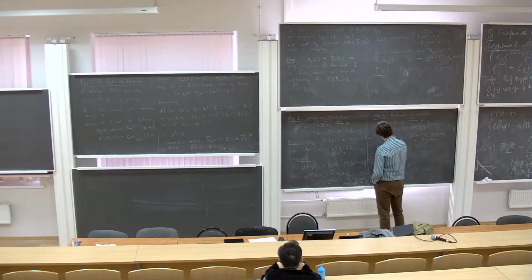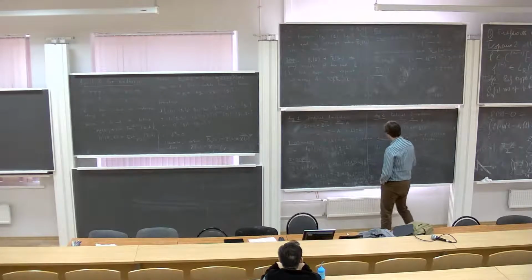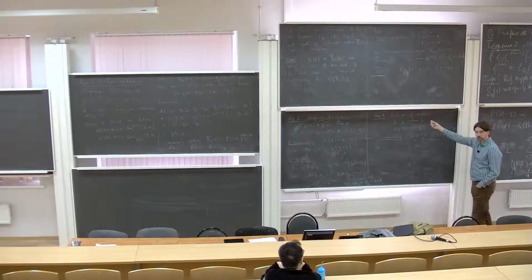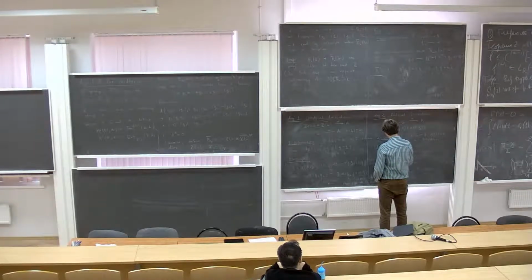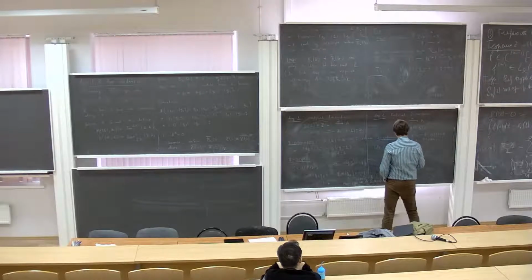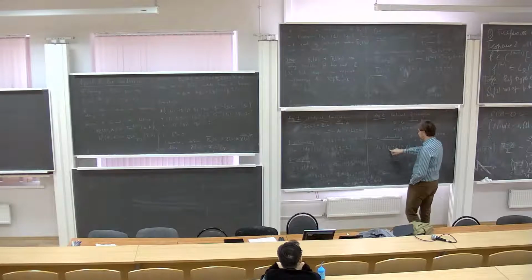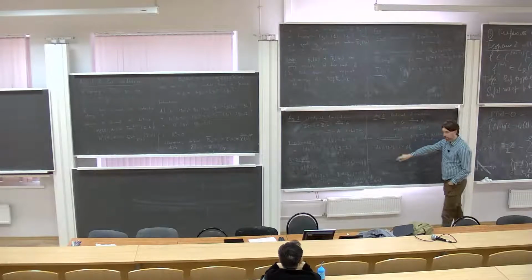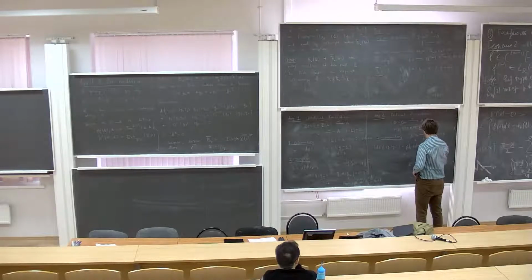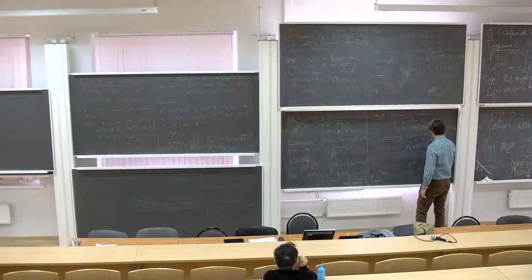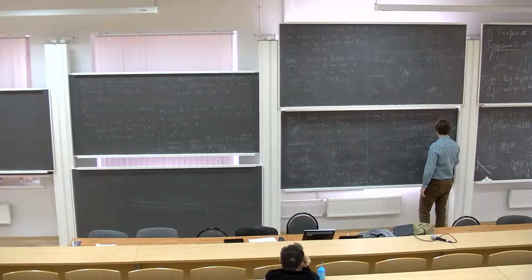Then what does its differential look like when evaluated on a pair of elements? Well, this is beta of the differential applied to this, which is G1 G2 minus G1 times G2 plus G1.